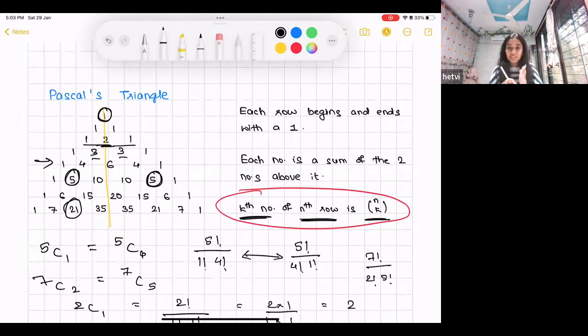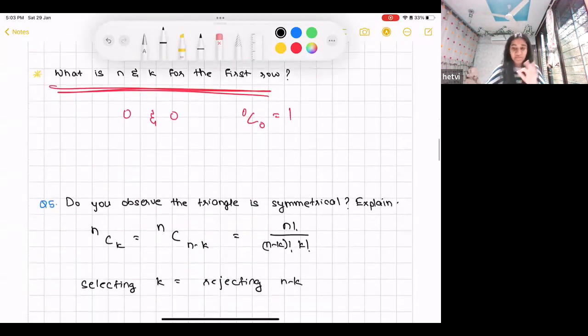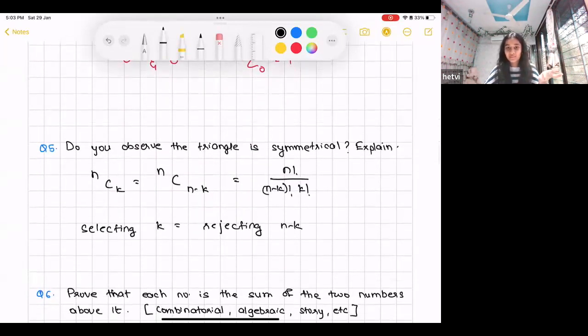So once it starts off as symmetrical, it has to continue being symmetrical, because the middle numbers are just additions. Whatever happens on the left hand side, the same thing will happen on the right hand side, and we are adding ones to both the sides. So logically, if it starts symmetrical, it has to continue being symmetrical. So there are 3 different ways to prove this.